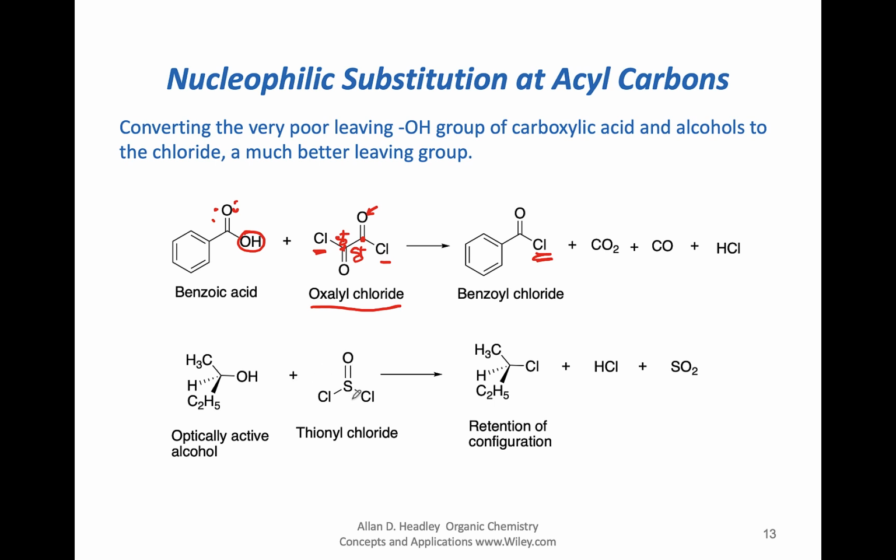So here's another molecule, pretty similar. It's called thionyl chloride. Does the same thing. Let's look at this. This is a sulfur in this case, bonded to a chlorine and another chlorine, very electronegative, and to an oxygen, very electronegative. So this sulfur here is very positive, very electrophilic. So as you can imagine, this oxygen here can bond to this sulfur, kicking out a chlorine, and we'll see on the next slide that eventually we get the chloride.